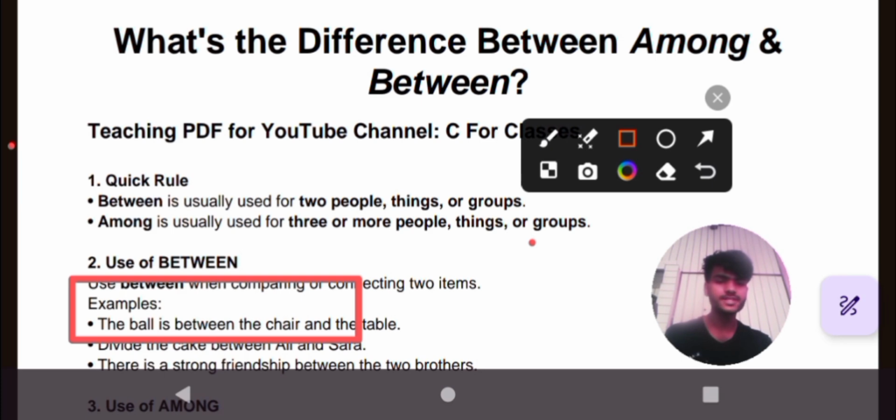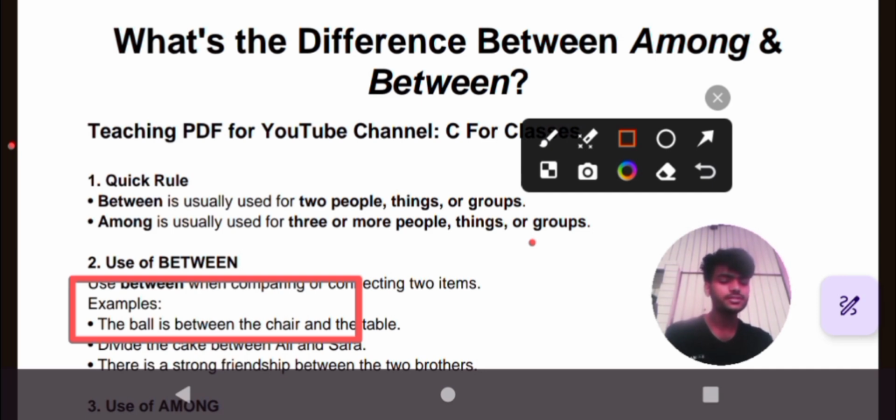The first one is the ball, and the second one is the table. We are talking about the connection between the ball and the table. The ball is between the chair and the table.